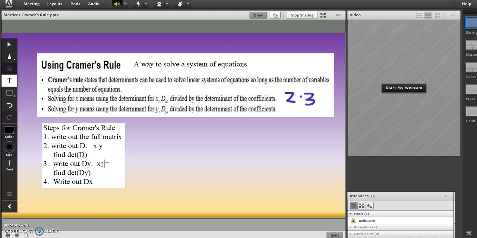Four, let's write out Dx, which is the equal column and then the y. Then find the determinant of Dx.